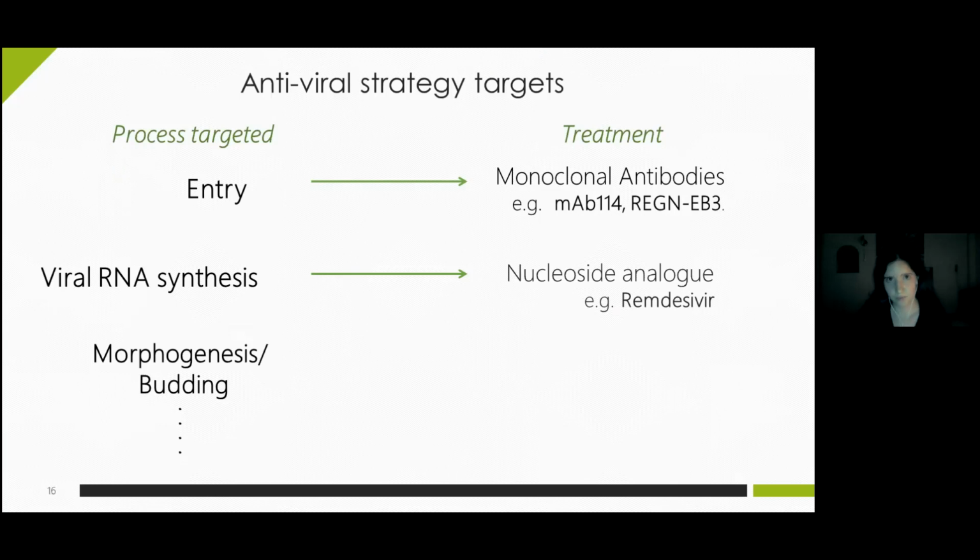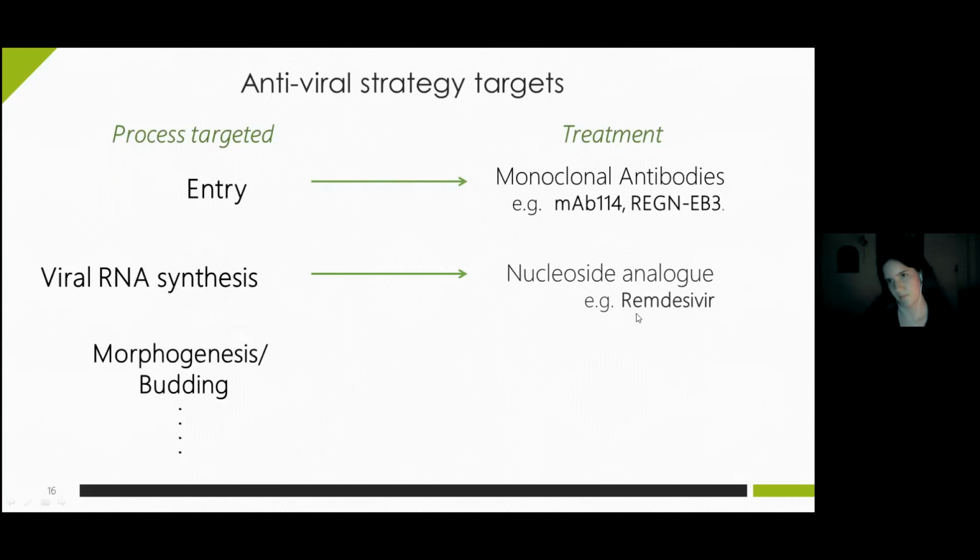An example of treatments that have been used and are being used is monoclonal antibodies, which target the entry stage of the viral life cycle, and nucleoside analogs that, for example, inhibit RNA synthesis.